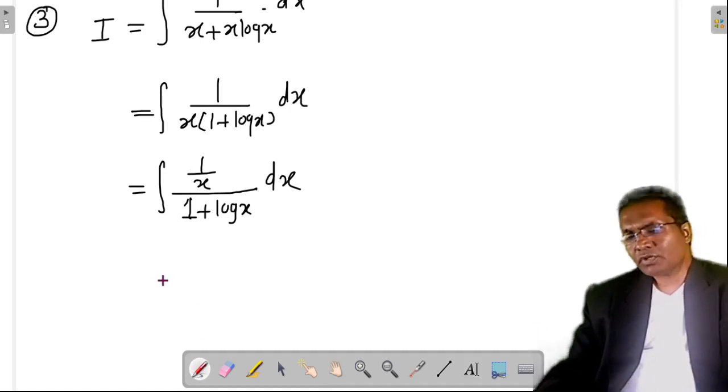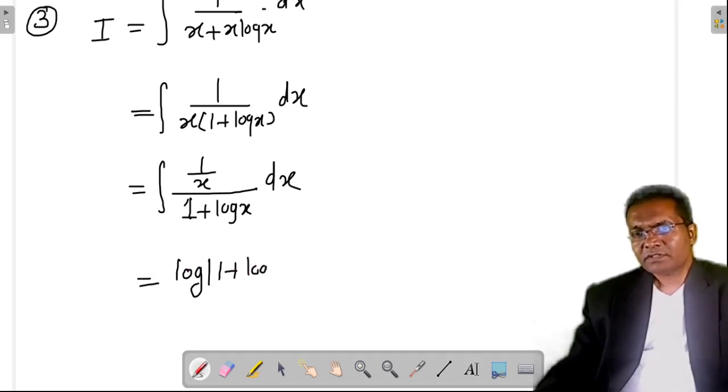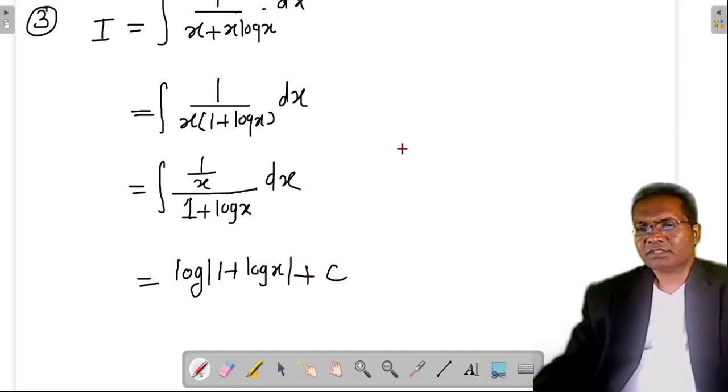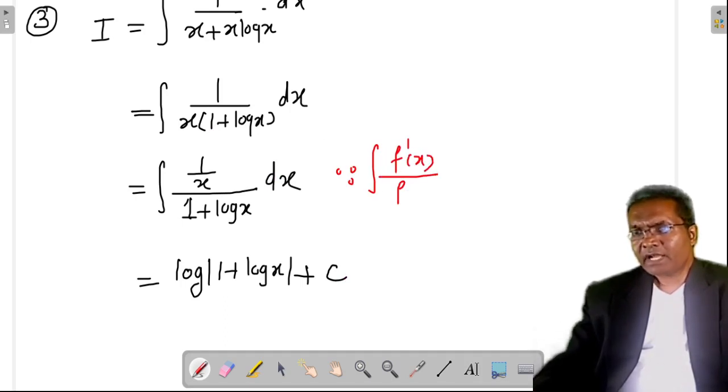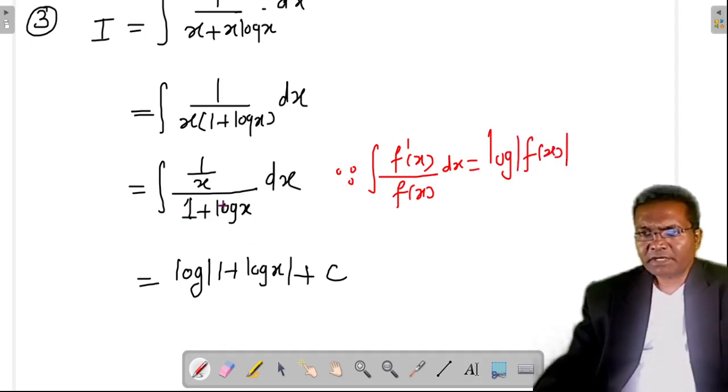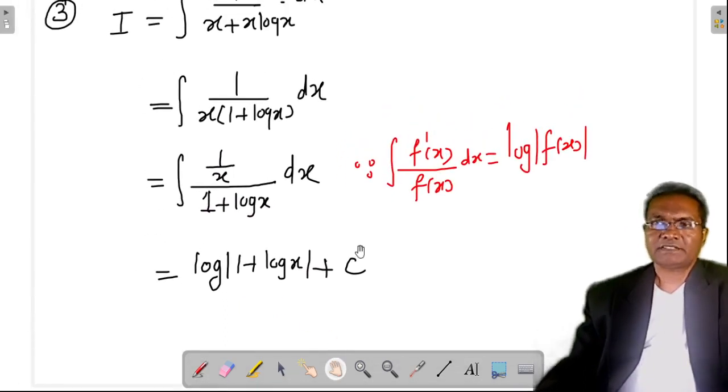So either substitute or directly you can write it as log of 1 plus log x plus c, because better you mention the property: integration of f dash by f of x is log of f of x. If its derivative is here, you can keep the direct result.